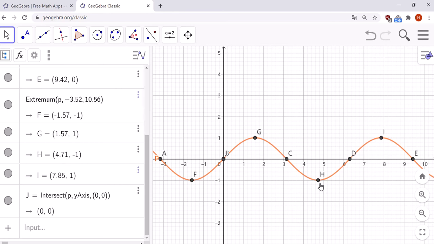Here is 3 times pi over 2, and D is the end of the whole period, 2 pi and 0.